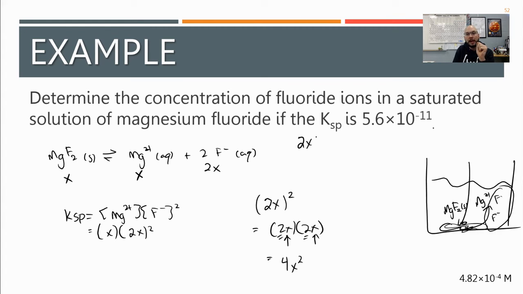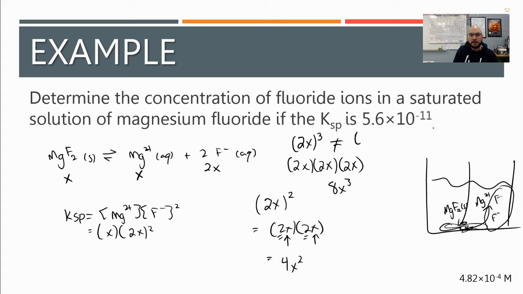If we had 2X cubed, this means 2X times 2X times 2X. This becomes 2 times 2, which is 4, times 2 is 8. And then X times X times X is X cubed. Okay, so be careful with this.